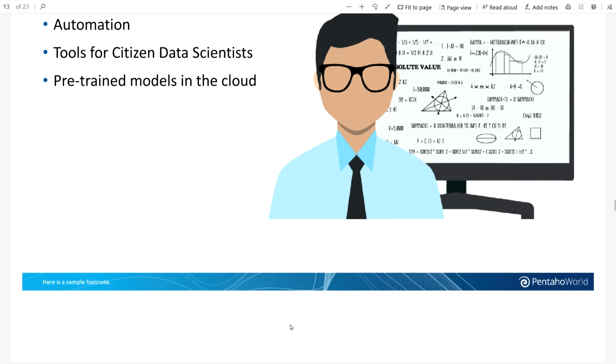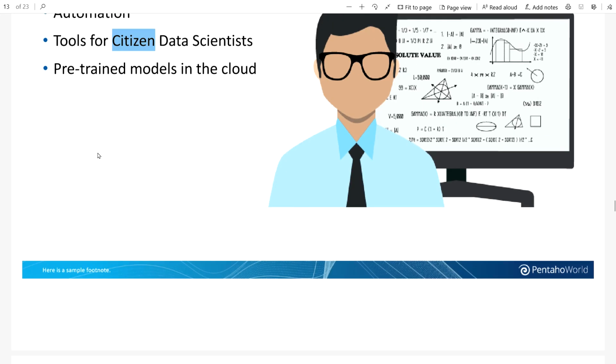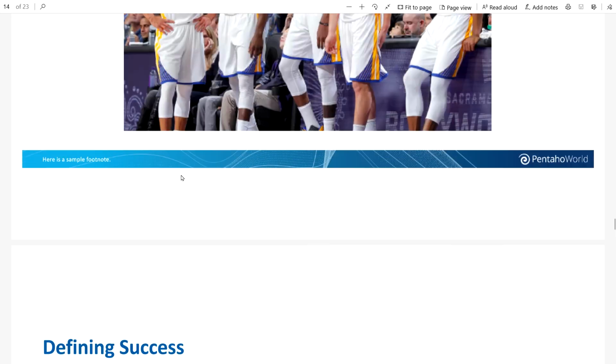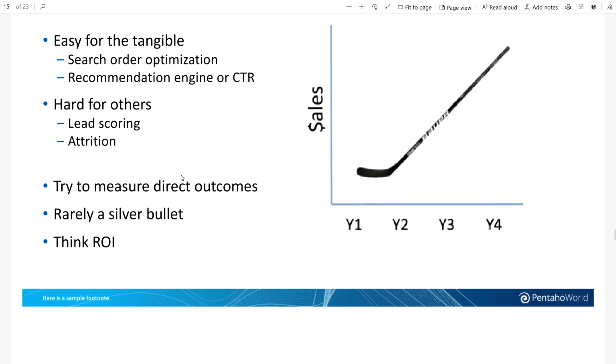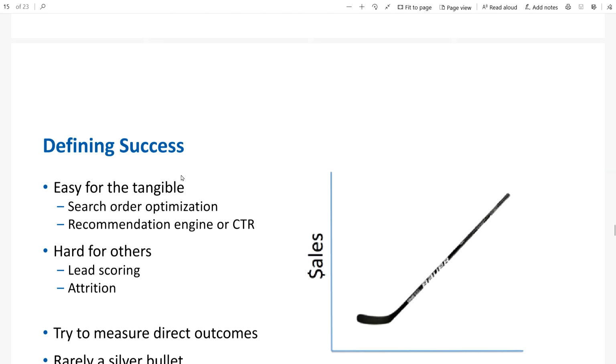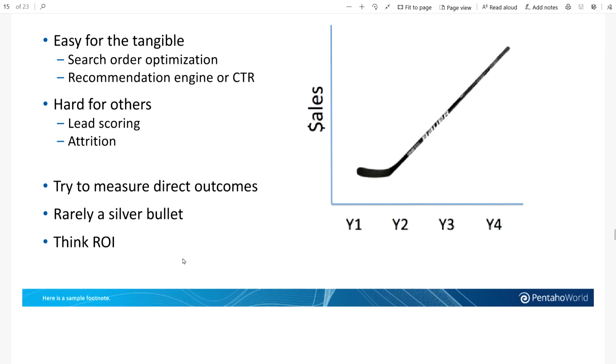Then we come to trends. It's the trend of automation that has given birth to data science tools for citizen data scientists and pre-trained models in the cloud. Defining success in data science requires easy, tangible measures, like search optimization, recommendation engines or CTR, lead scoring, attribution.